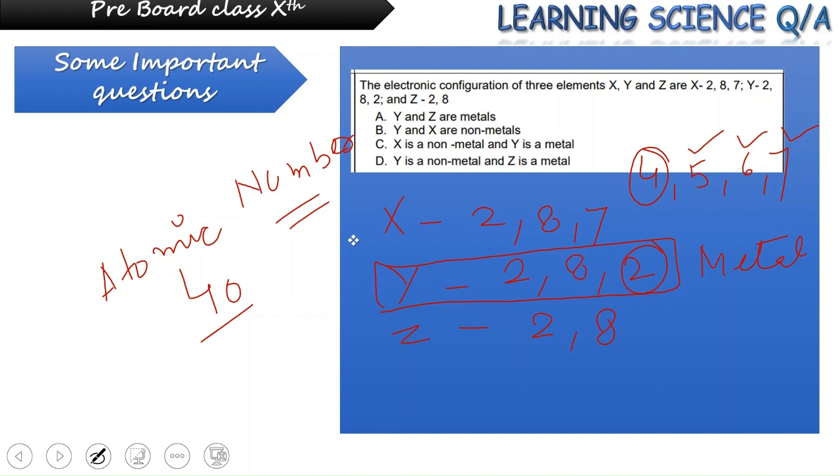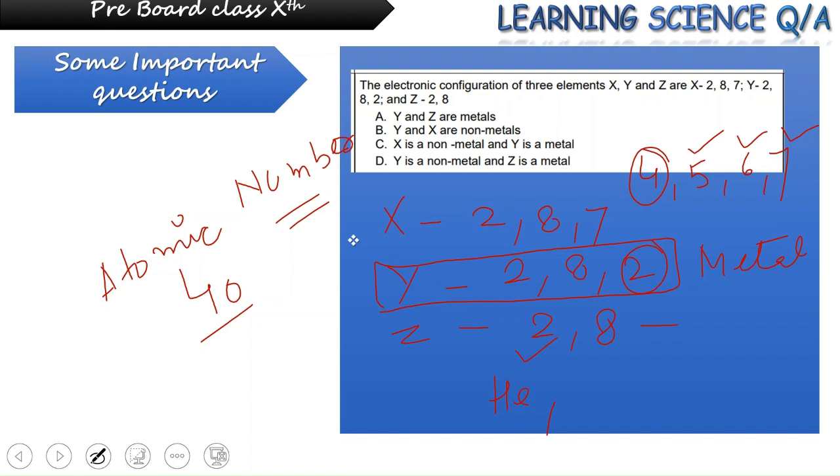And any element having 2, that is possible only for helium, or 8 in their outermost shell, will be inert because their outermost shell will be complete, their octet will be complete. So out of the given options, we have X is a non-metal, Y is a metal, and Z is a noble element or inert element.